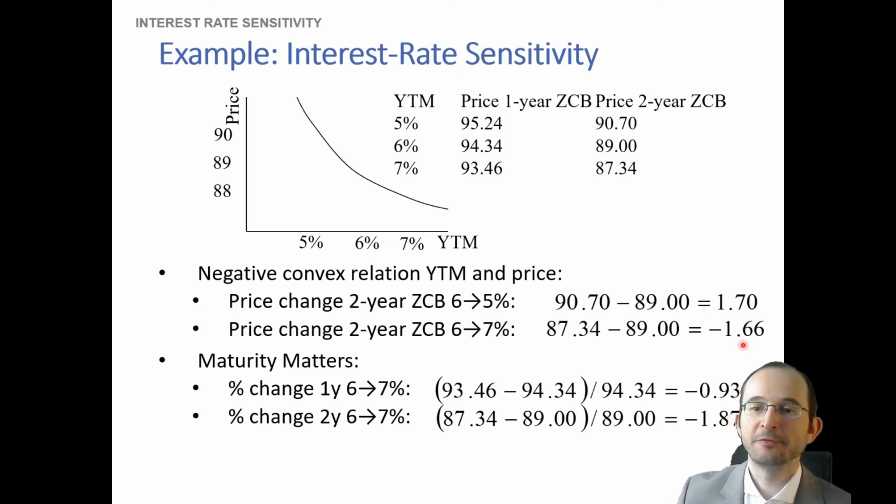So this more formally accentuates the idea of convexity, because the price change in the bond is actually different for an increase in interest rates than for a decrease. For a decrease in interest rates, the bond price rises by more than it falls if interest rates increase by the same amount. Therefore, we call this a negative convex relation.